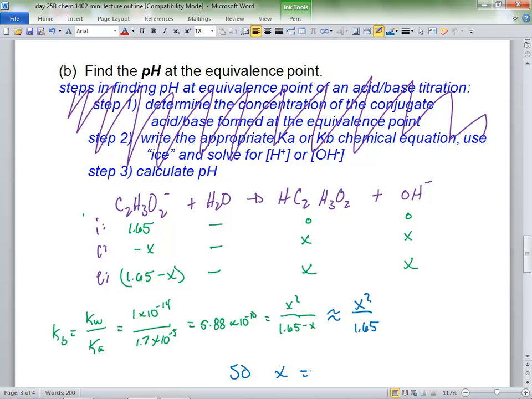What'd you get for your x? 3.11 times 10 to the negative 5. Okay, 3.11.